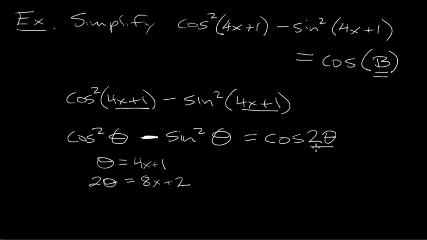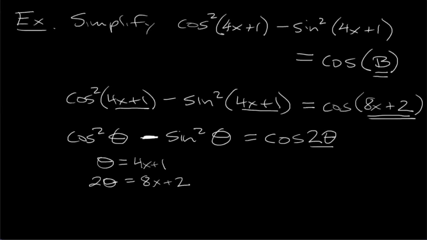So then this expression right here, using this pattern, I know that this follows the same pattern. And so it will be the cosine of twice whatever was in here, which is 8x plus 2. So then if they were looking for b, your answer would be this.